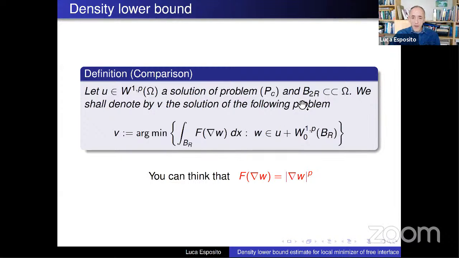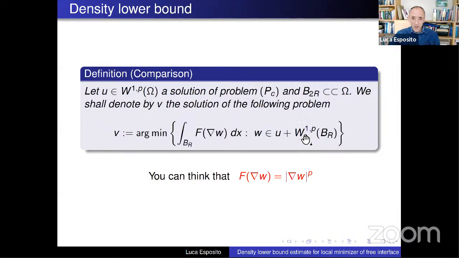So you take a ball inside omega and consider the function v, which minimizes the integral part, the bulk part of the functional, and which has the value on the boundary of the ball prescribed by the original minimizer u of the constrained problem.